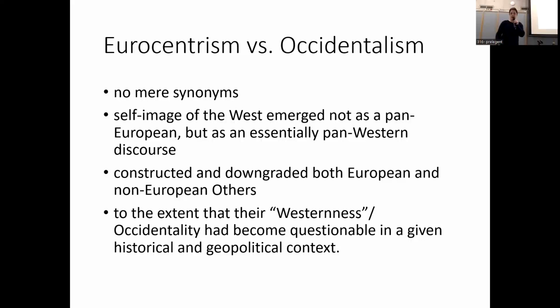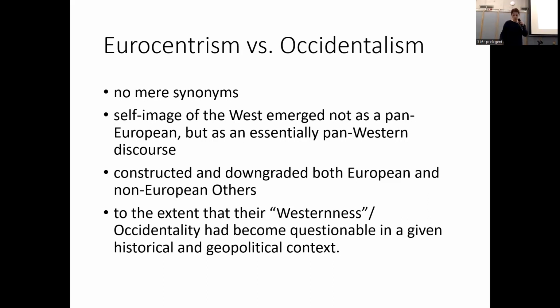So as a pan-Western discourse that constructed and downgraded both European and non-European others to the extent that what had been constructed as their Occidentality or their Westernness had become questionable in a given historical and geopolitical context.